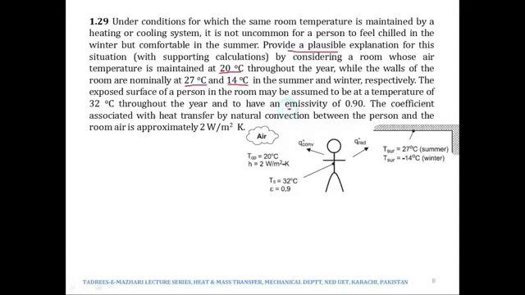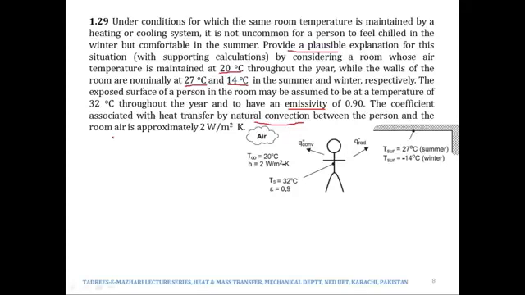So we are given the emissivity of the human body. As soon as we are given the emissivity, we are being told that radiation heat transfer will come into play. And it then says the coefficient associated with the heat transfer by natural convection between the person and the surrounding air is 2 watts per square meter Kelvin or degree Celsius.